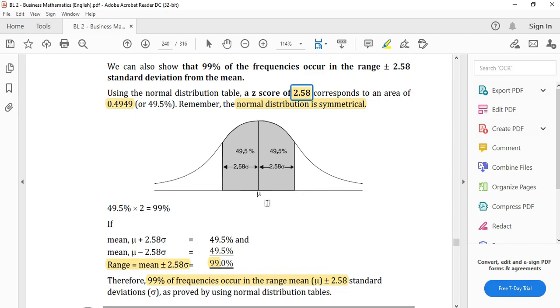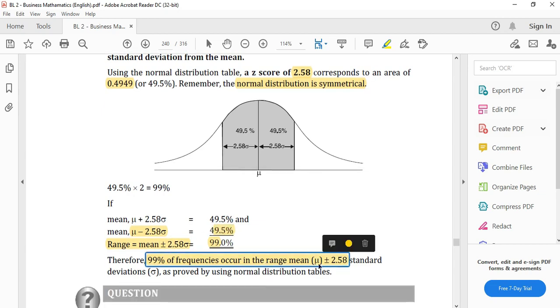So, that's why they say the mean plus 2.58 standard deviations will give 49.5% and the mean minus 2.58 standard deviations will give us 49.5%. Basically giving the range, mean plus or minus 2.58 is representing 99% of frequency.